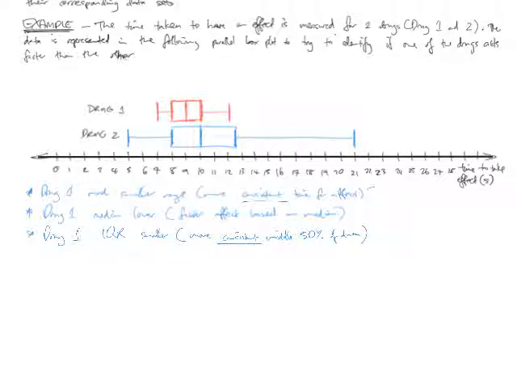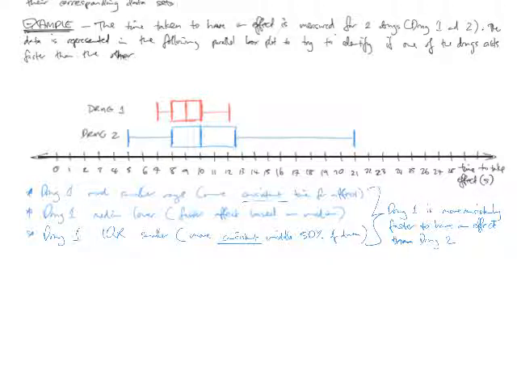We can deduce from these that drug 1 is more consistently faster to have an effect than drug 2.